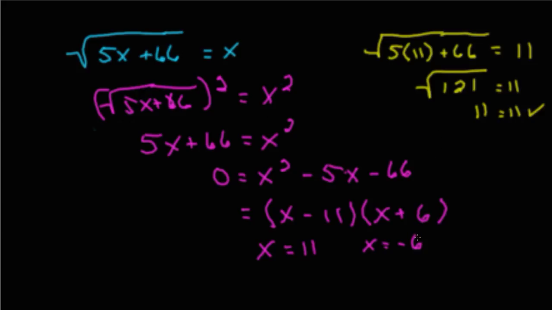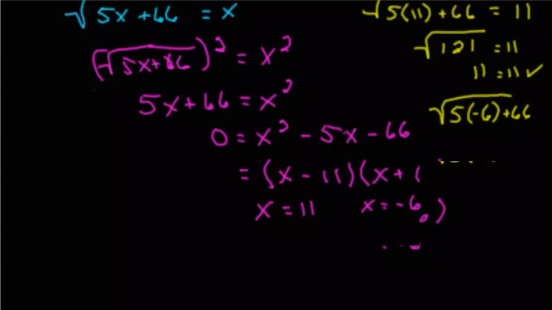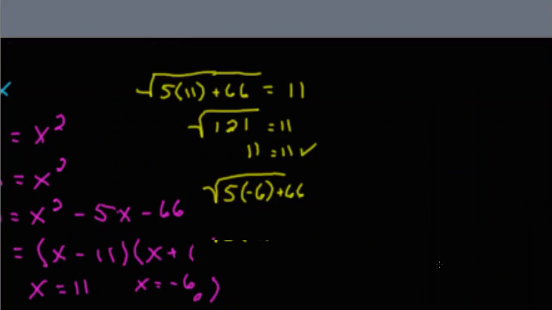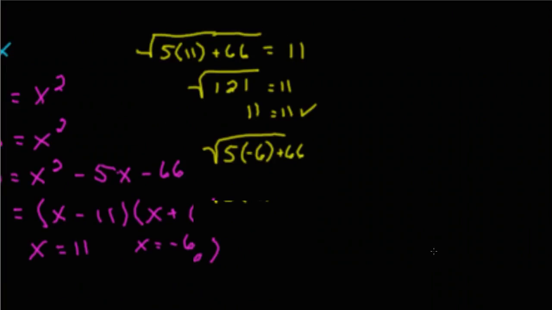Now, when x is negative 6, though, you get the square root of 5 times a negative 6 plus 66 equals a negative 6. Well, 5 times a negative 6 is negative 30.